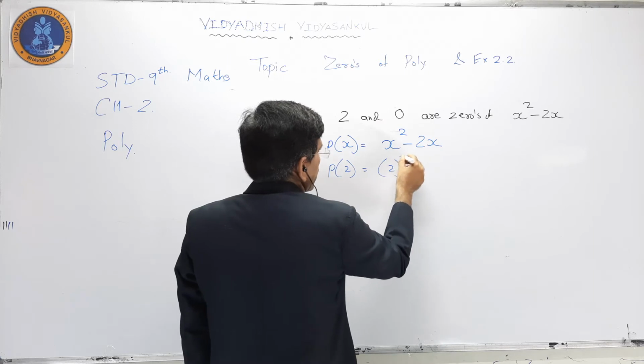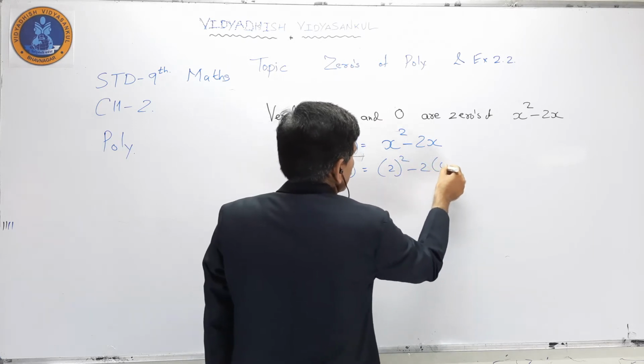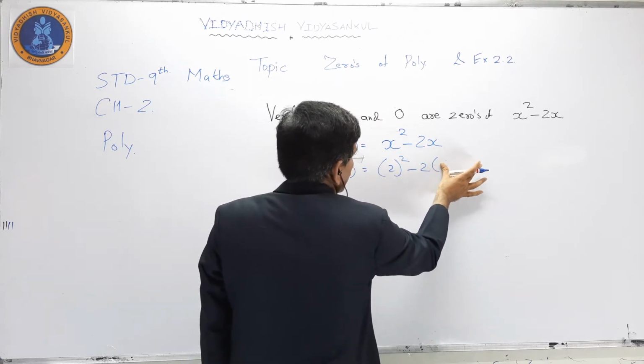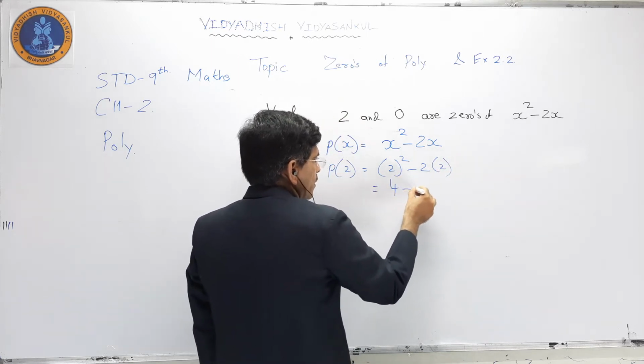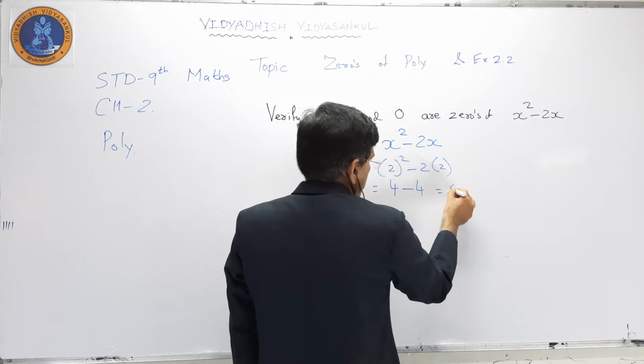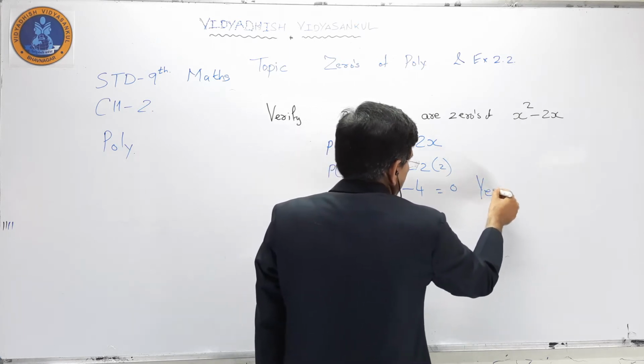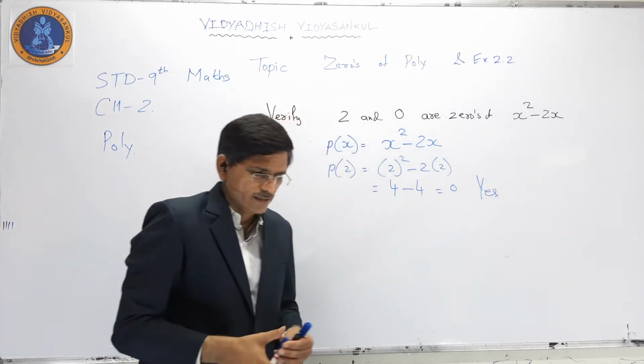Now p of 2: 2 square minus 2 into 2, that is 4 minus 4. The answer is 0, so we can say yes.